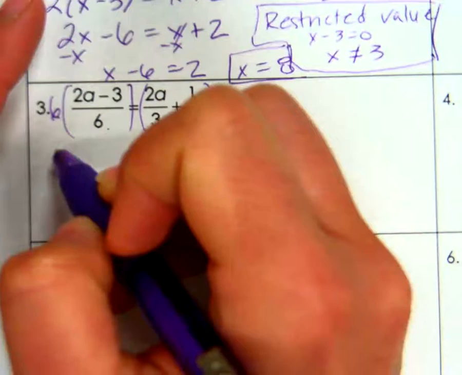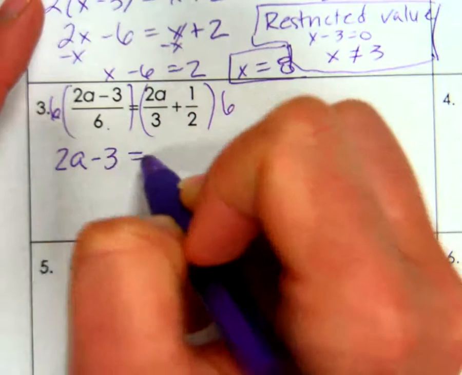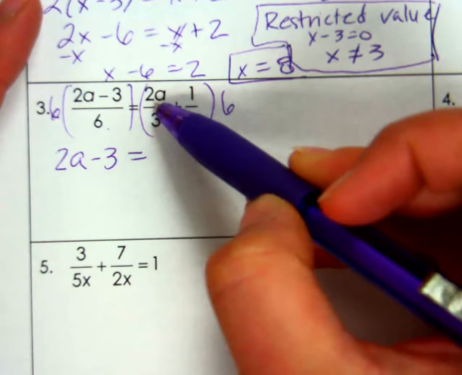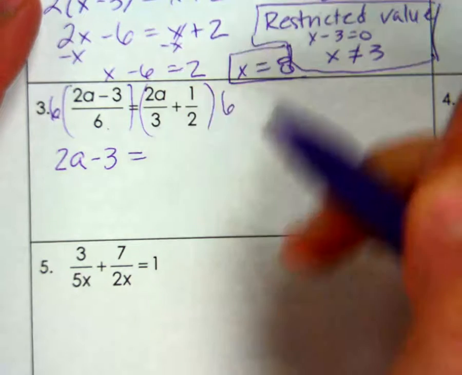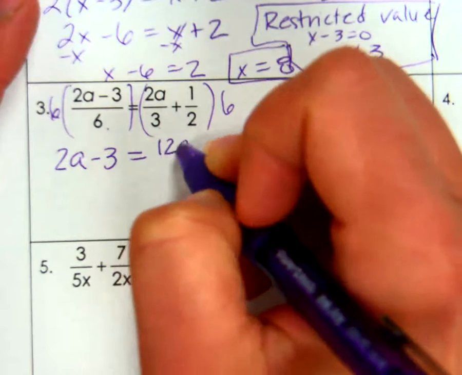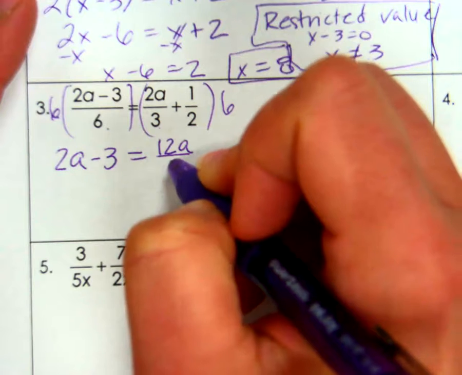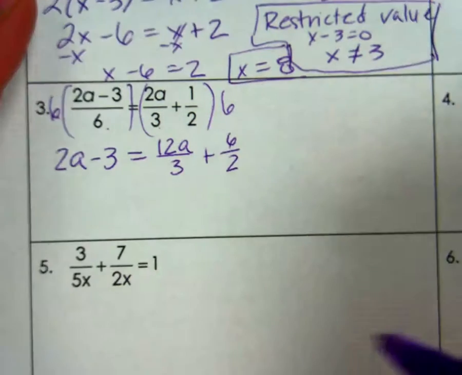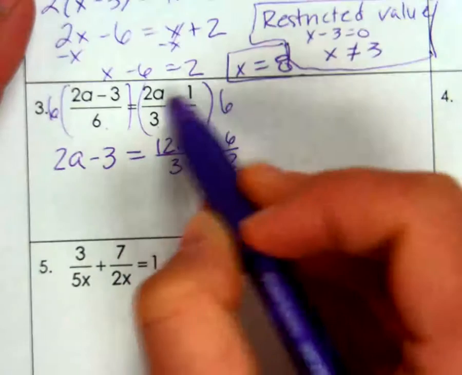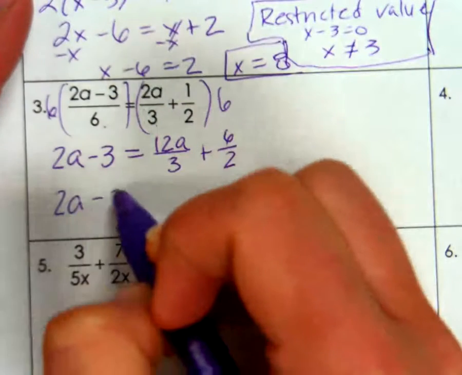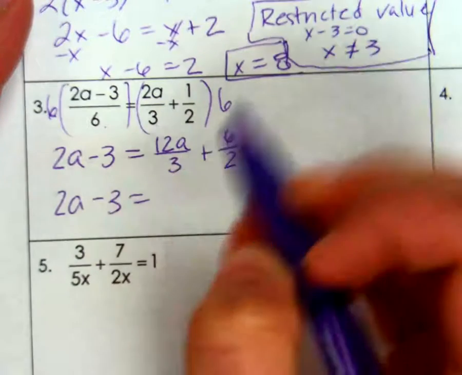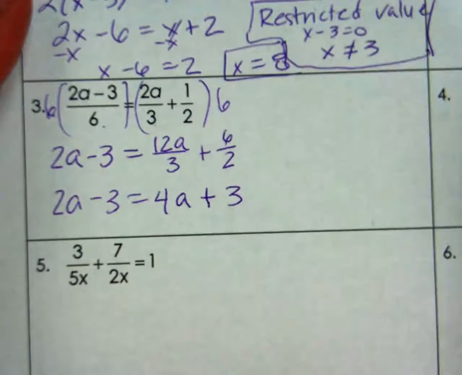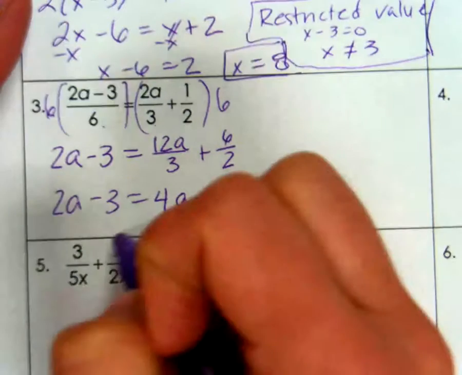So the denominator clears here, 2a minus 3 equals, if I multiply by 6, 12a over 3, plus 6 over 2. I would fully anticipate that you could probably go straight to this line: 12a divided by 3 is 4a plus 3. Then you just have your basic equation. I'm going to subtract 2a from both sides.